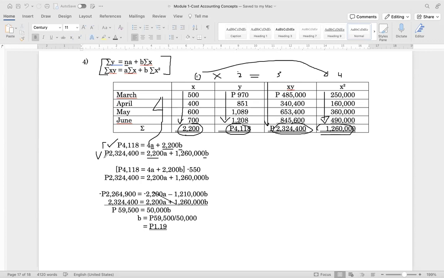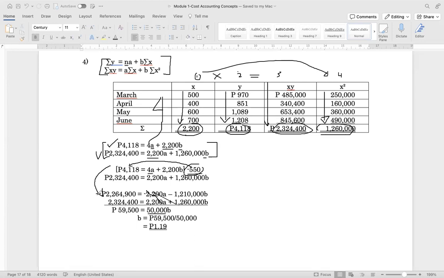Again, multiply by a certain number to cancel a. So negative 550 multiplied by the first equation, 4a, to cancel 2,200a. The negative amount of 1,210,000b is deducted from 1,260,000b, and you have 50,000b. And 2,264,900 is computed by multiplying 4,118 by 550.